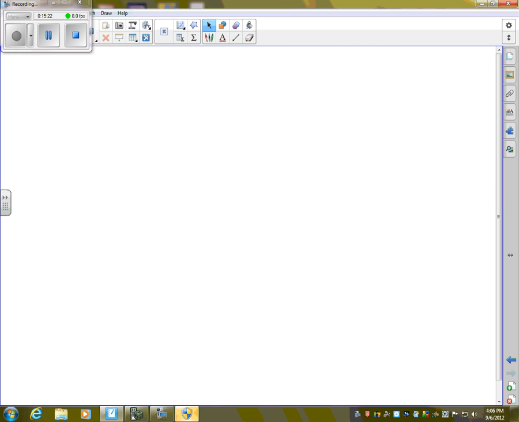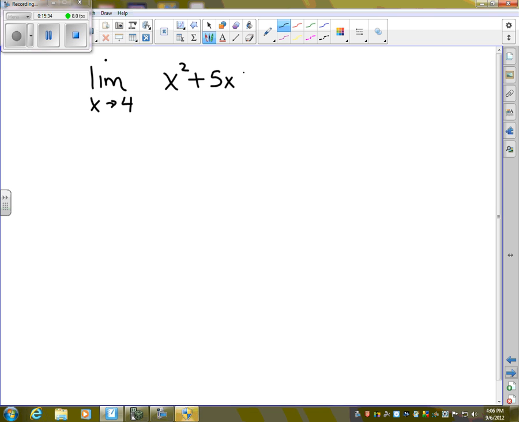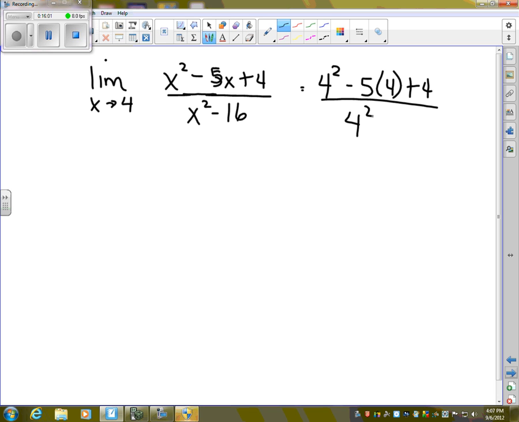So if you're evaluating a limit, something like the limit as x approaches 4 of x squared minus 5x plus 4 over x squared minus 16, if I put 4 in there, I'm going to get 4 squared minus 5 times 4 plus 4 over 4 squared minus 16. That gives me 0 over 0.